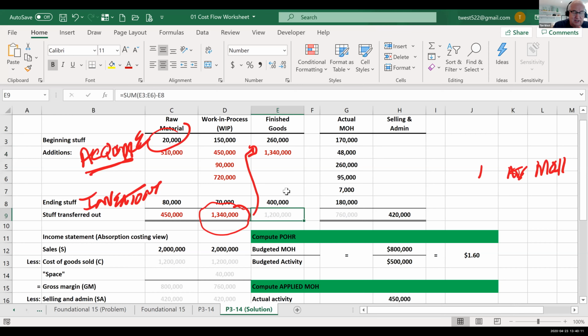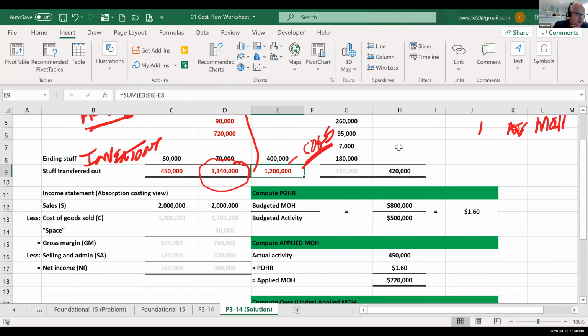And just like the other ones, we're able to calculate the 1,200,000 that is getting transferred out here. And that too has a special name, and it is cost of goods sold. Cost of goods sold. Okay. So at that point, we need to come down and resolve a couple of other issues.